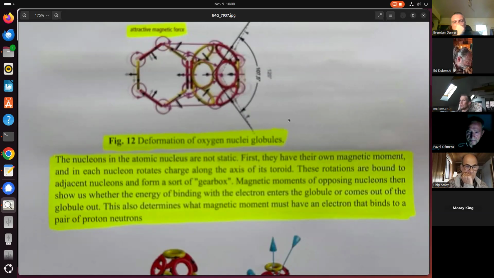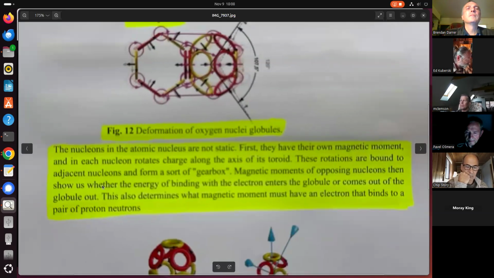The nucleons in the atomic nuclei are not static. First, they have their own magnetic moment, and in each nucleon, charge rotates along the axis of its toroid. These rotations are bound to the adjacent nucleons, and form a sort of gearbox. Magnetic moments of opposing nucleons then show us whether the energy of binding with the electron enters the globule or comes out of the globule.